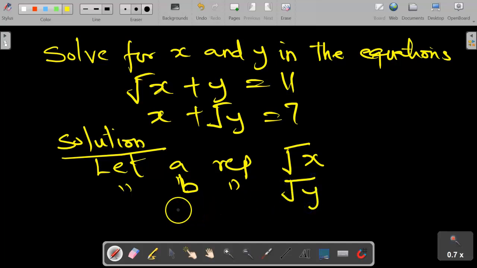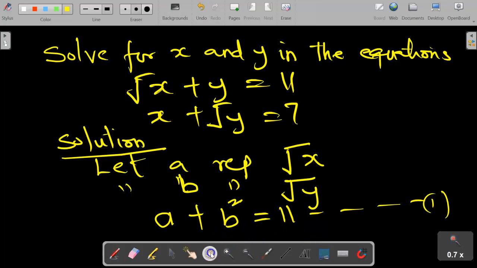Now I can rewrite the equations using a and b. Root x in the first equation is our a, plus y is b squared, because the square root of y is b. So to get y, we multiply the square root of y by itself. So a plus b squared is equal to 11. Let's call this equation 1.